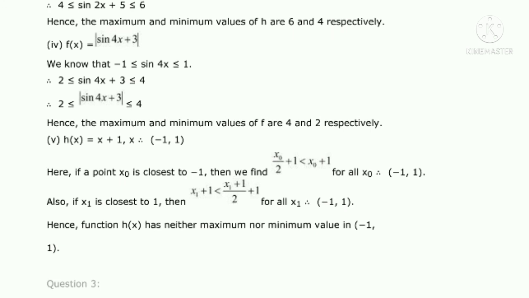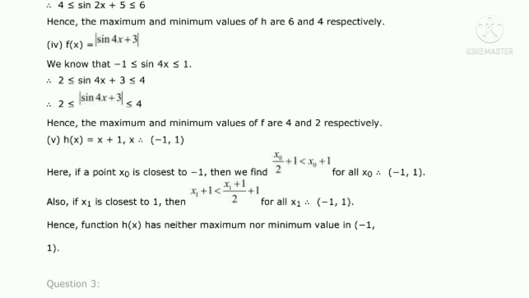We can't say anything here in case of 1, because h(x) equal to 1, not greater than or less than. If greater than or less than, we can say whether it is maximum or minimum. But if we get equals, then we can't say anything, because 0 lies in between minus 1 and 1. If you put 0 in place of x, then 0 plus 1 is 1, so h(x) equal to 1. So we can't say whether it is maximum or minimum.